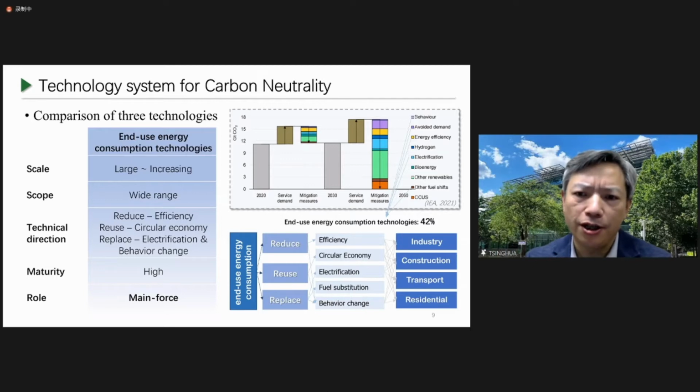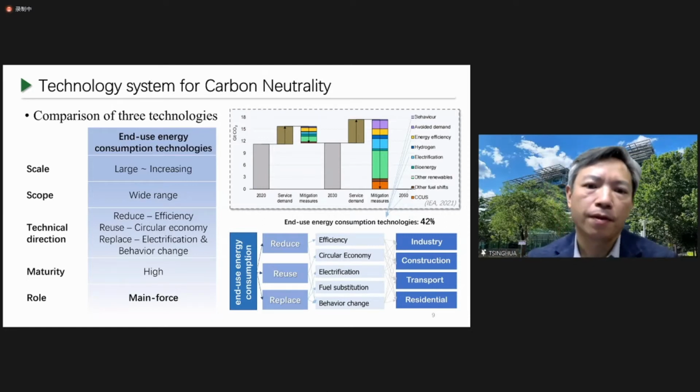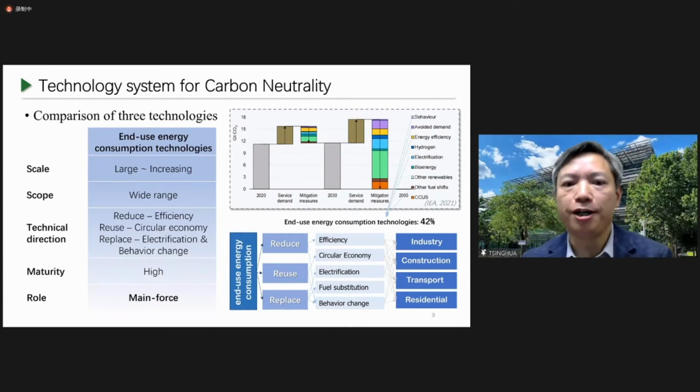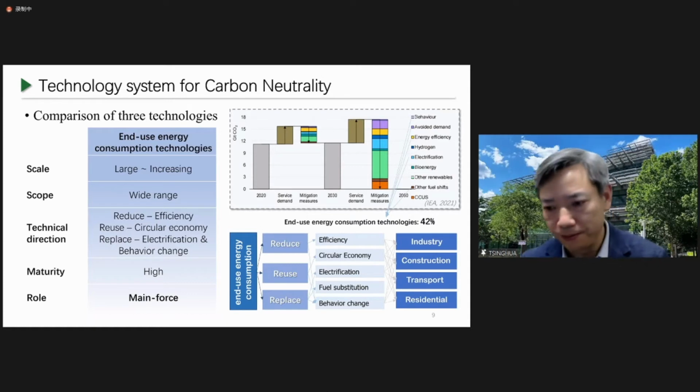It has a wide range of technologies, including almost all production and consumption activities through 3 major directions: reduce via efficiency improvement, reuse via circular economy, replace via electrification and fossil fuel substitution, and also rely on behavior change by the consumer. This type of technology is more mature and ready to be deployed at large scale in the near future.